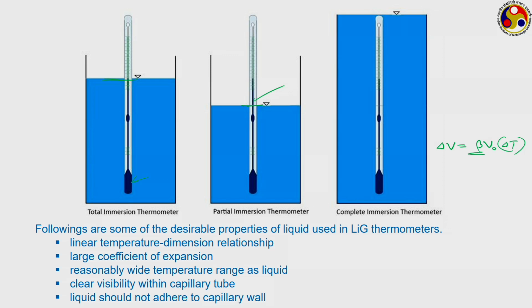So, you can see that there are several points, at least in terms of this one and this one, where mercury is definitely better. For this one, mercury is better for the higher temperature side, alcohol is better in terms of this particular one, and that is why the mercury thermometer is more popular compared to alcohol thermometers, but because of its toxic nature you may see them completely out of the market in the next 30-40 years.